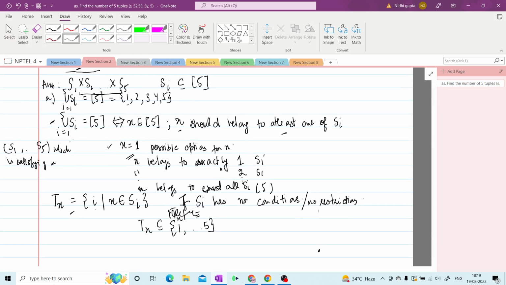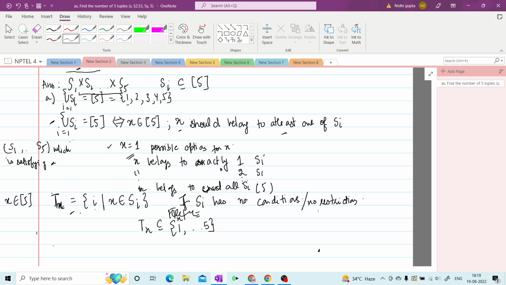So now I am creating another set, say Tx, for each x in 5. Tx is basically recording all the indices i where x can go to.